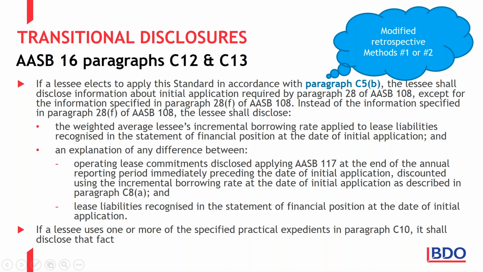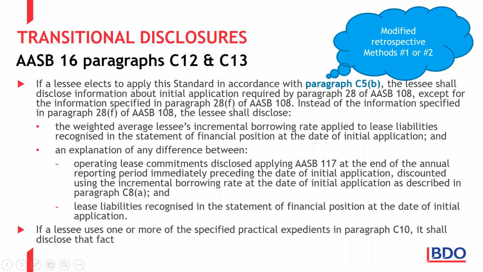Because here they are saying if a lessee elects to apply the standard IFRS 16 in accordance with paragraph C5(b), and basically paragraph C5(b) talks about modified retrospective methods 1 or 2, the lessee shall disclose information about initial application required by paragraph 28 of AASB 108, except for the information specified in paragraph 28F.